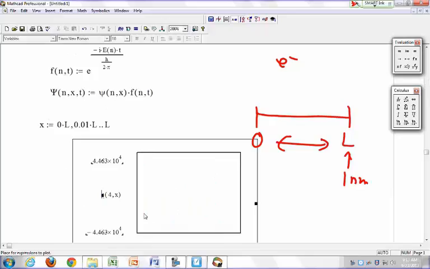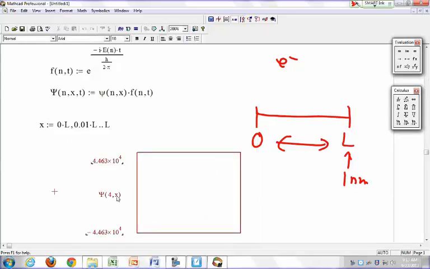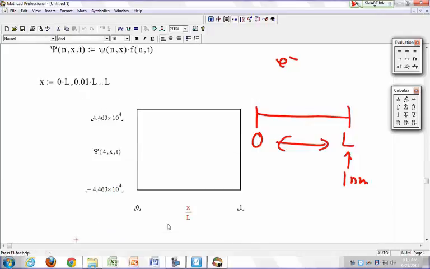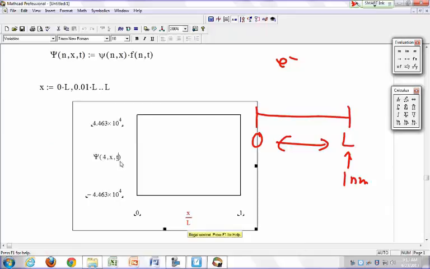So let me plot that one instead. Big psi for n equals 4. I have to specify x and time. What happened here? Now I have to put the units here.